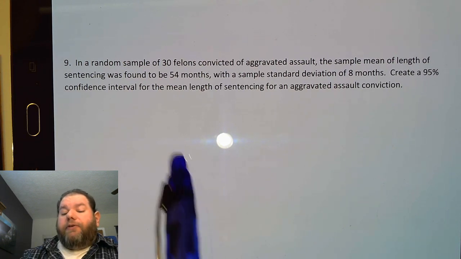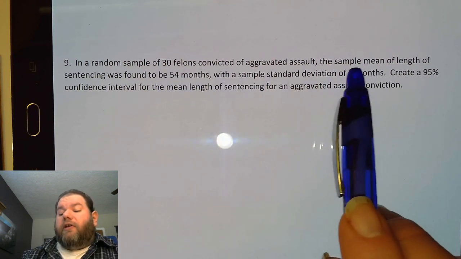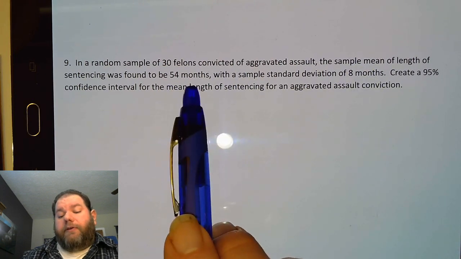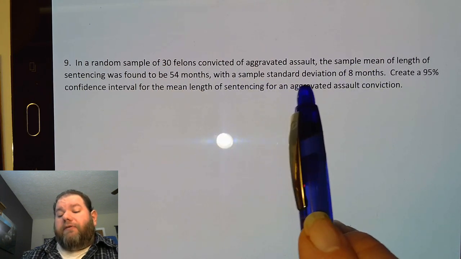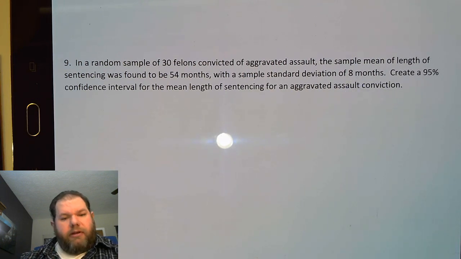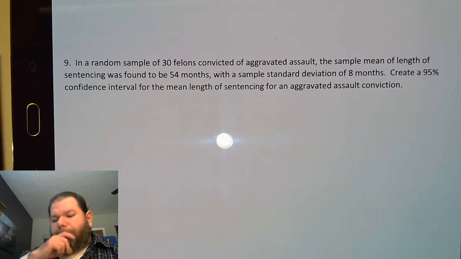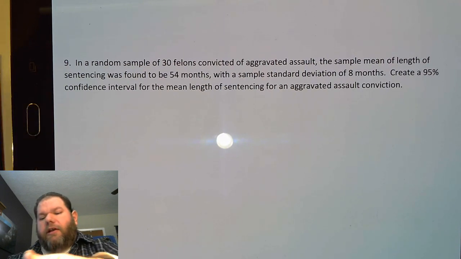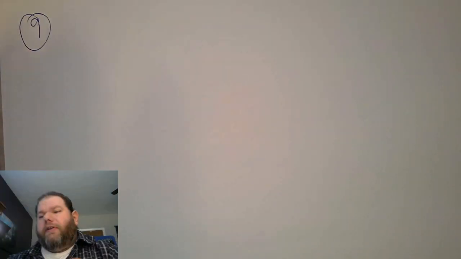So we have our sample size 30, sample mean 54 months, sample standard deviation 8 months, and we have a 95% confidence interval. So all the data is right here. It's very easily seen. It's not hiding or anything. Let's write those things down.